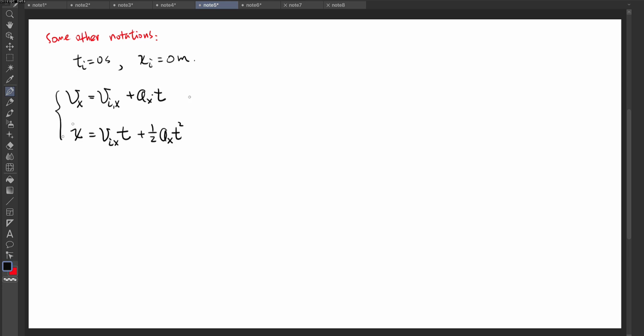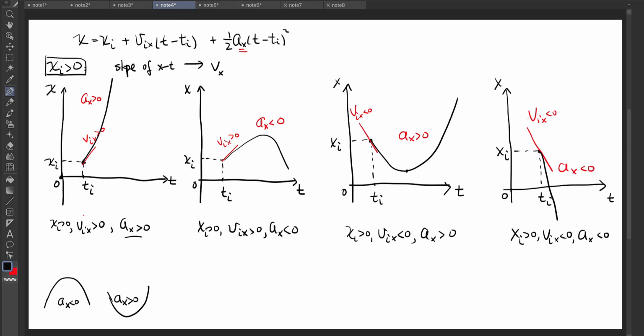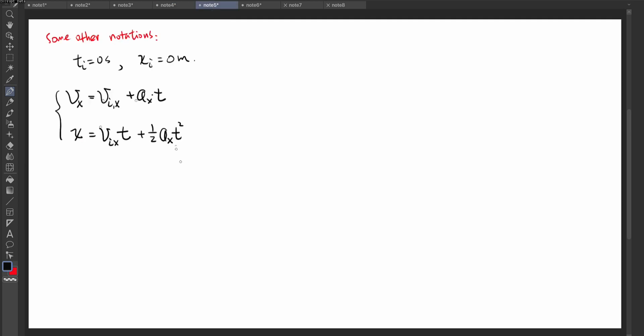Okay, so that's why sometimes you will see these kinds of equations instead of t minus ti. Okay, but again, this expression here is more general. If you do want to move ti to the origin here, then you get these equations. Okay. Now these are the two important equations in 1D kinematics.